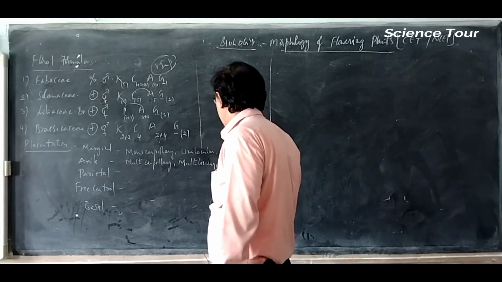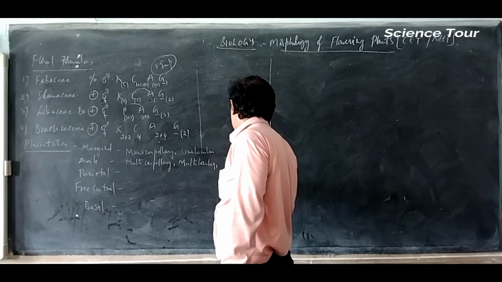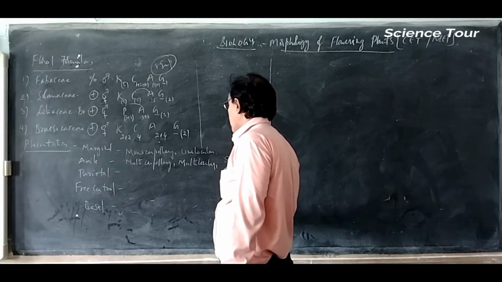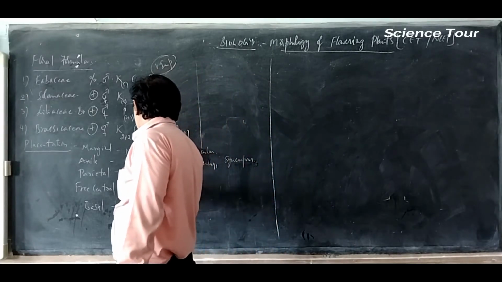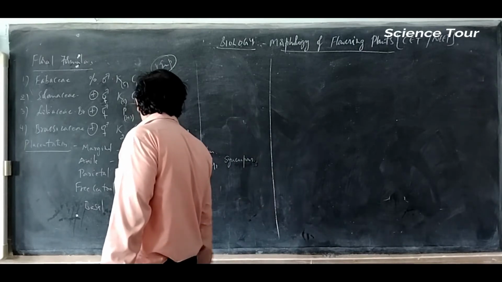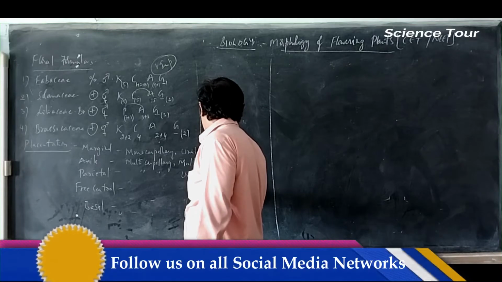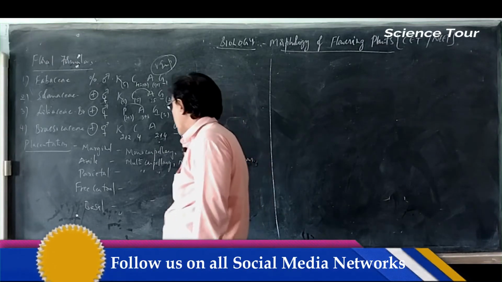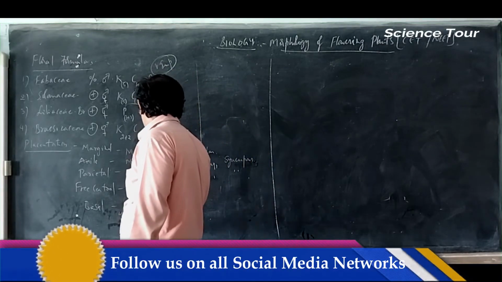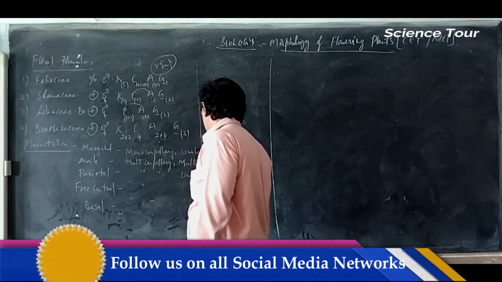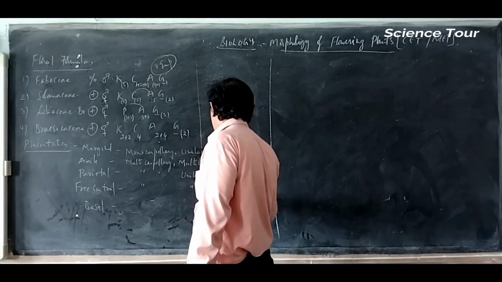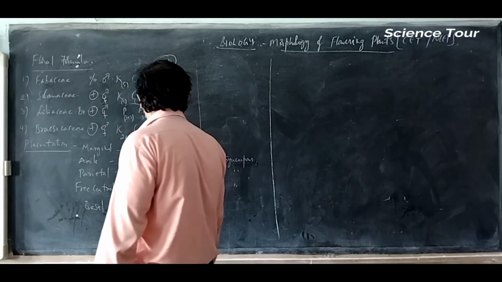So the condition is called syncarpous. Parietal also is multicarpellary but single locule, so unilocular, and of course syncarpous. Free central is multicarpellary, single locule, unilocular, and syncarpous.